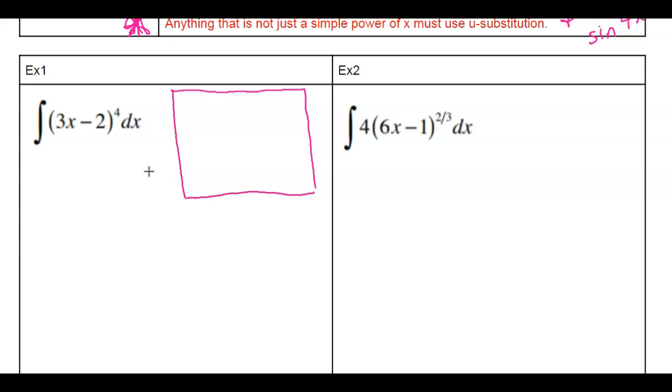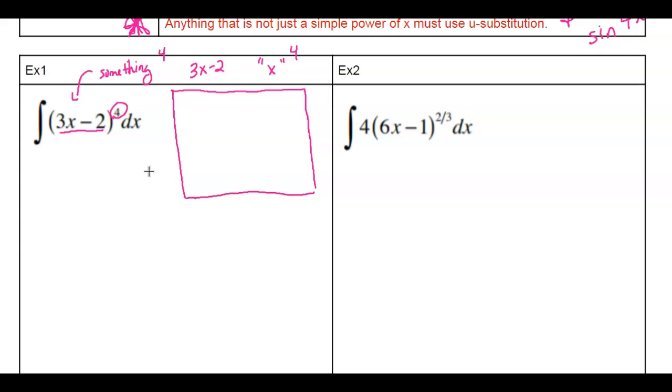So I really want to think of this as something or a quantity to the 4th power. So I think of 3x minus 2 as one thing, and I think of something to the 4th power as my other thing, okay? So it's 2 parts. So we have 3x minus 2, and we also have some thing to the 4th power, okay? That's composition.